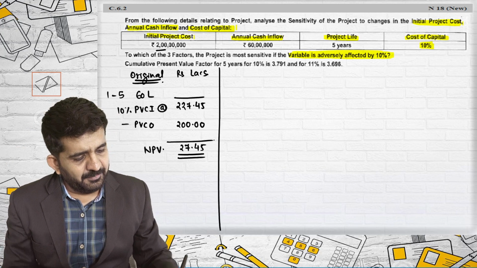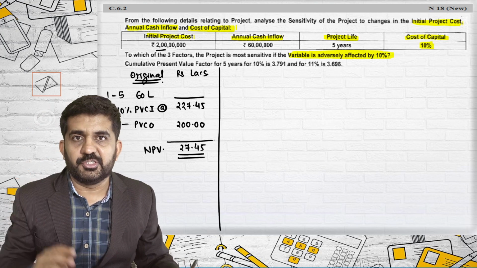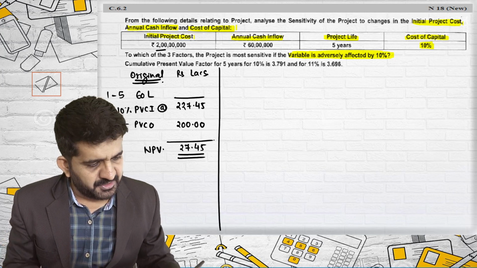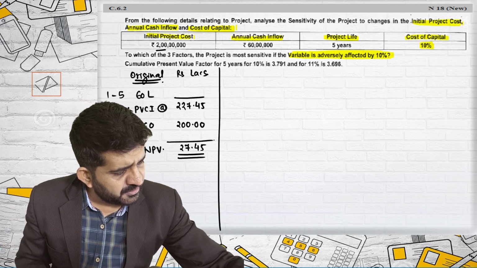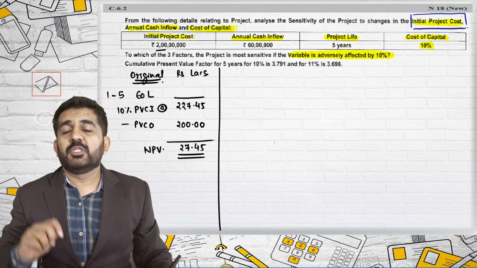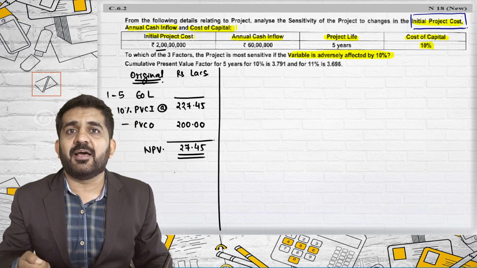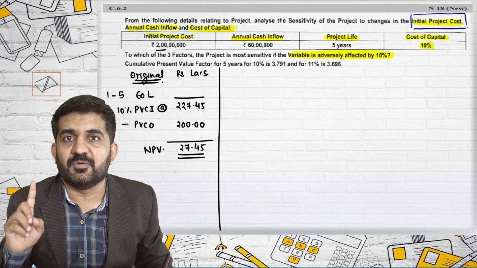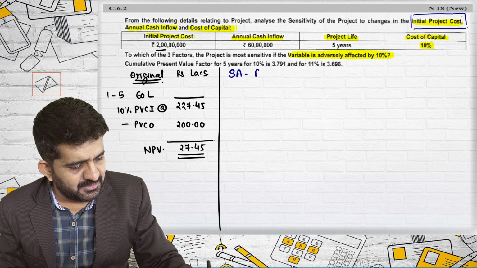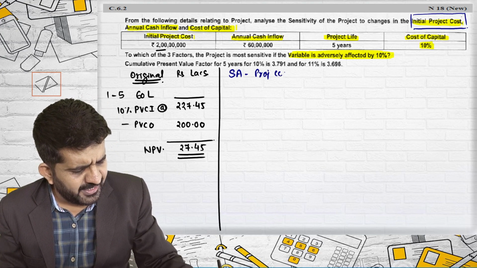Now they are telling me to analyze three factors, and each should be adversely affected by 10%. Which three factors? Initial project cost. So this is sensitivity analysis of variable number 1, which is project cost.